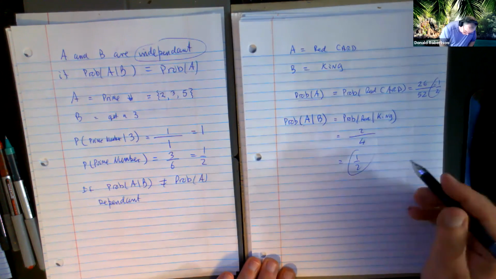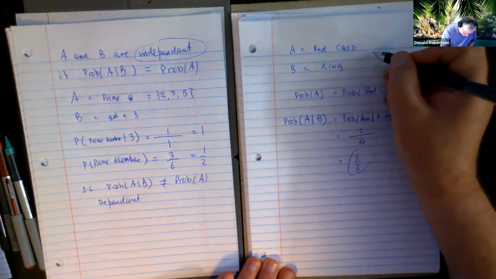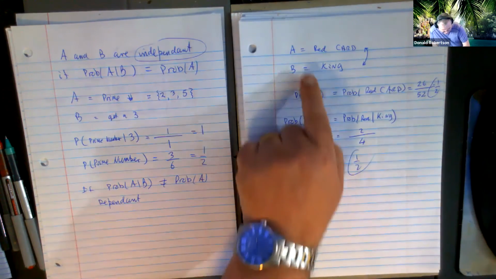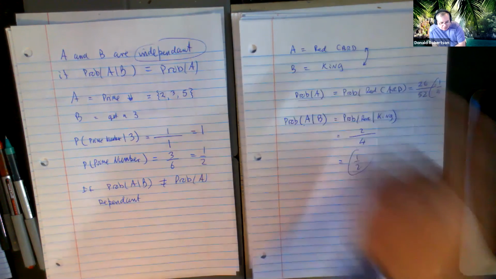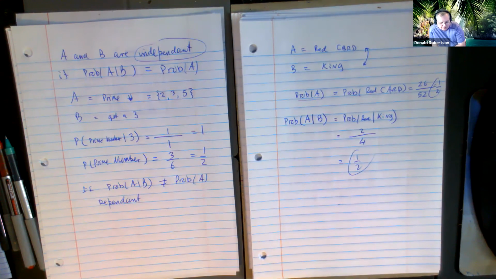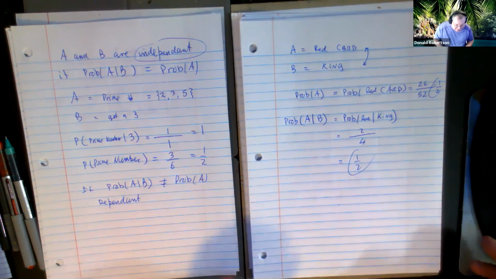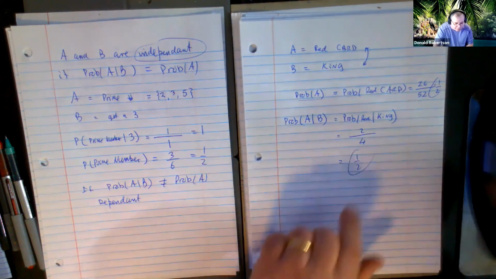Would it have mattered if I'd switched places, and I called this A and that B? Would it matter as far as the conclusion is concerned? No. If 2 events are independent, it really doesn't matter which one you decide to call A and which one you decide to call B. If they're independent, the 2 answers will be the same.